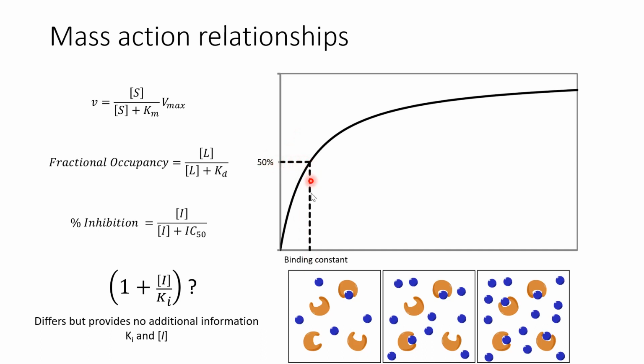And if you want to think about that, we'll just use the fractional occupancy equation here as an example. And say you are at a concentration where your ligand is equal to the concentration of the KD.